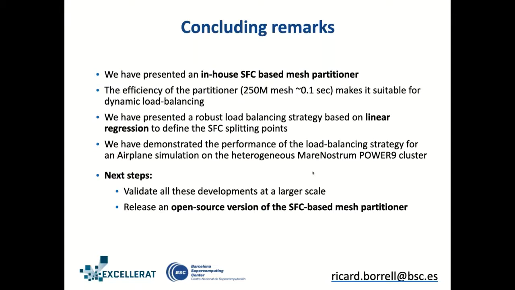The critical components are the SFC-based mesh partitioner and the linear regression strategy that gives us robustness to outlier measurements. As next steps, the SFC-based mesh partitioner will be delivered as an open source library within another project. If someone is interested, they can write me an email, and as soon as it is ready, I can provide the link.